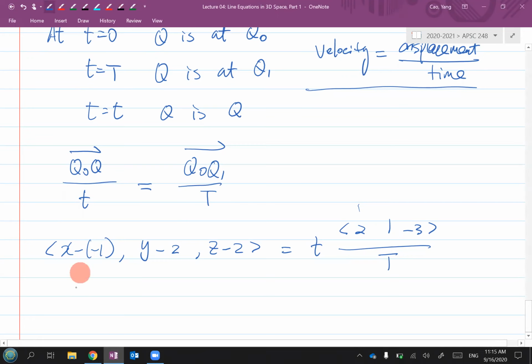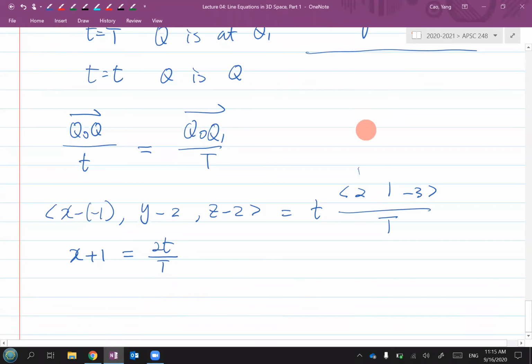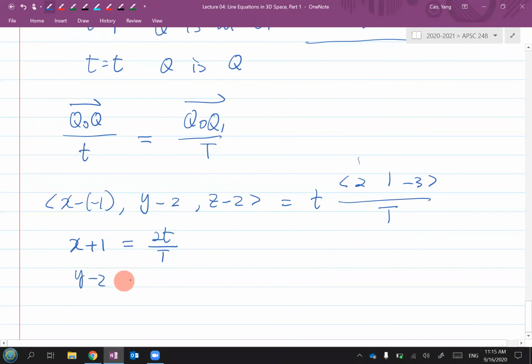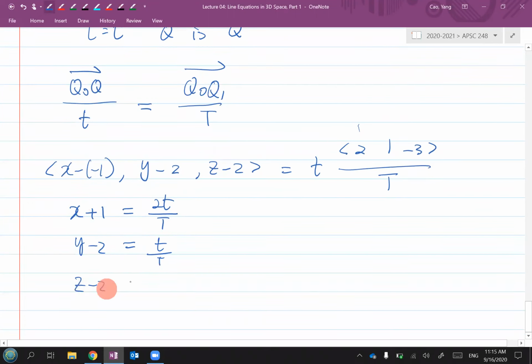So I get x plus 1 equal to 2t over capital T, y minus 2 equal to t over capital T, and z minus 2 equal to -3 times t over capital T.